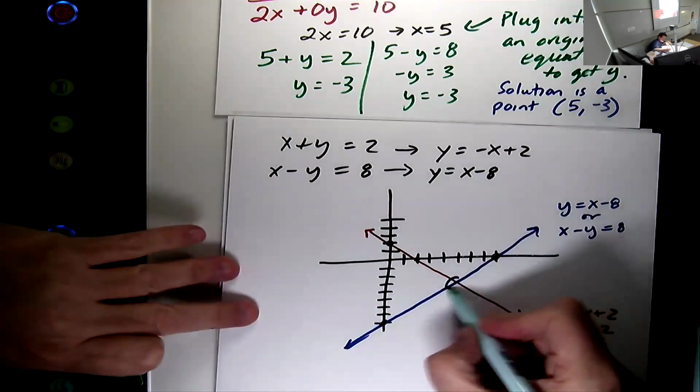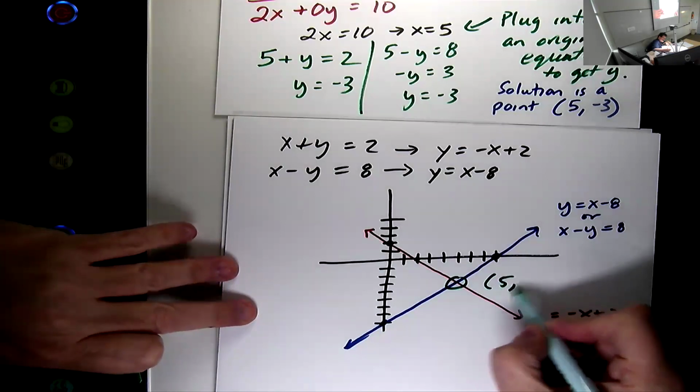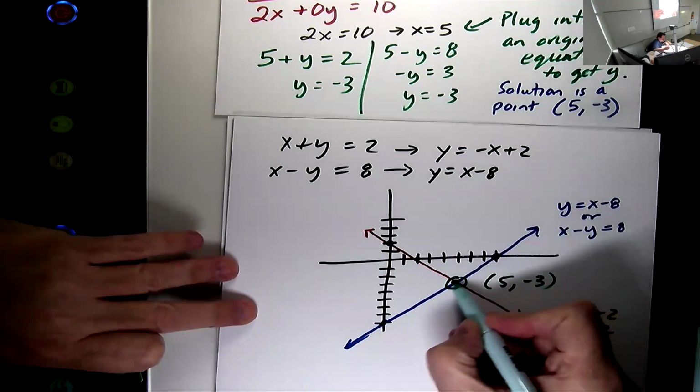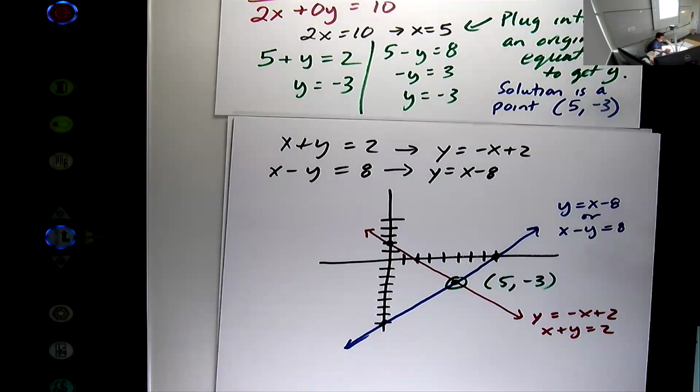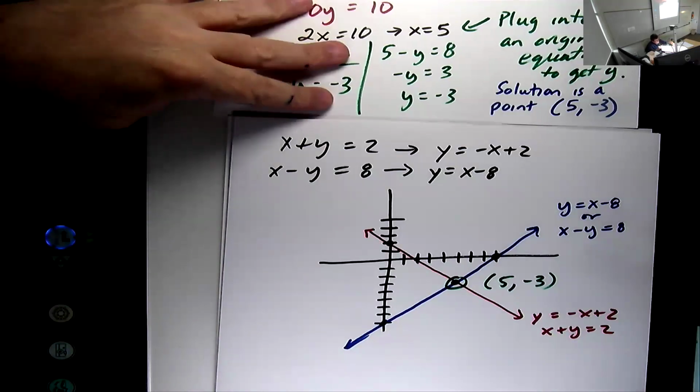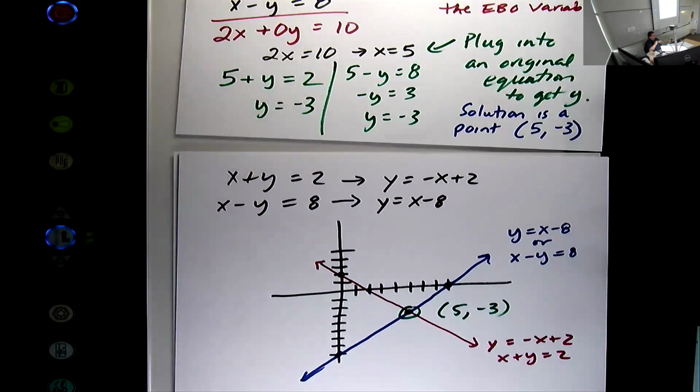This point right here is 5, -3. Coincidence that the solution to our system of equations is 5, -3, and where these two lines cross is 5, -3? No.